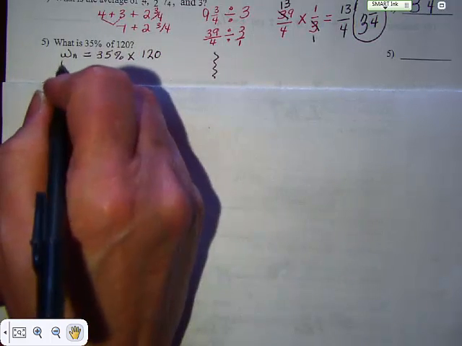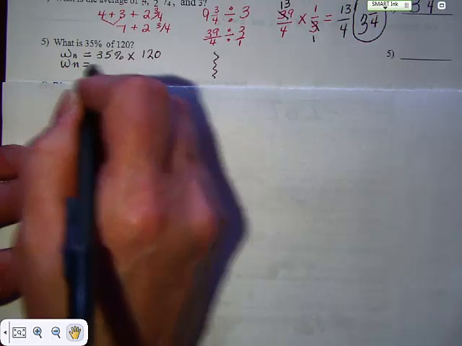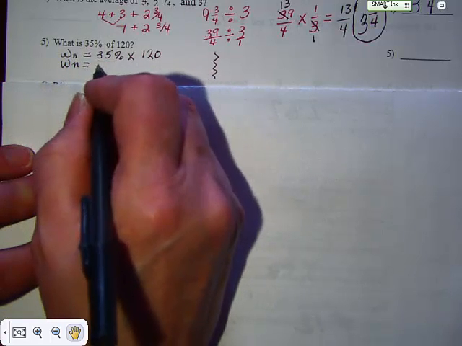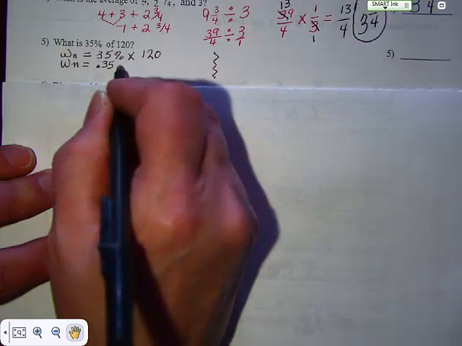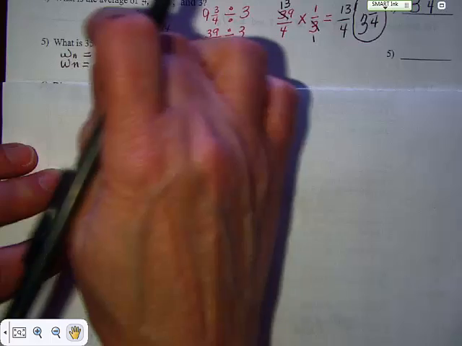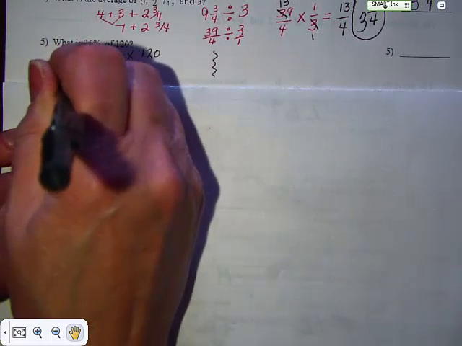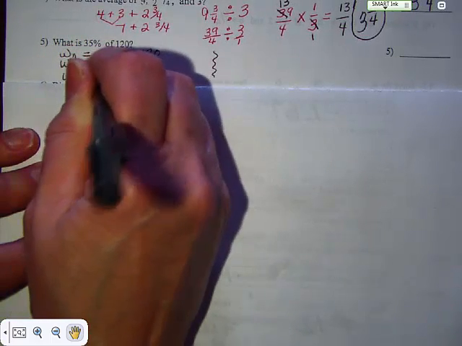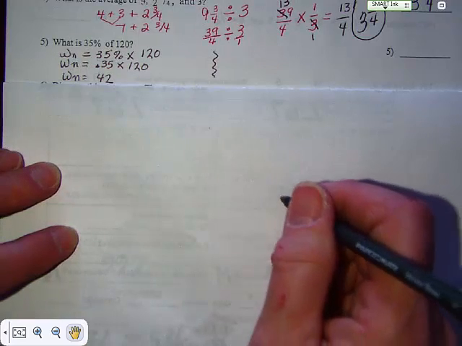I'm going to change this again. What number equals, I'm going to change 35% into a decimal, 0.35, times 120. Now, if you go ahead and do the math on this one, the answer is 42.